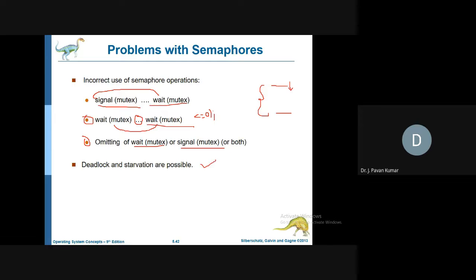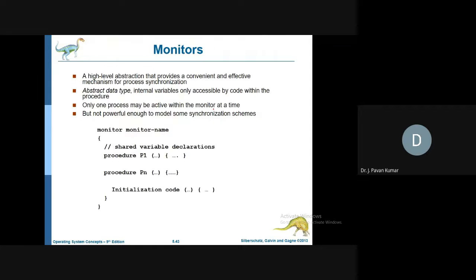So we can overcome these problems which occur due to semaphores by making use of the concept called monitors. A monitor is nothing but an abstract data type, in the sense that we will have certain procedures and functions defined in it.